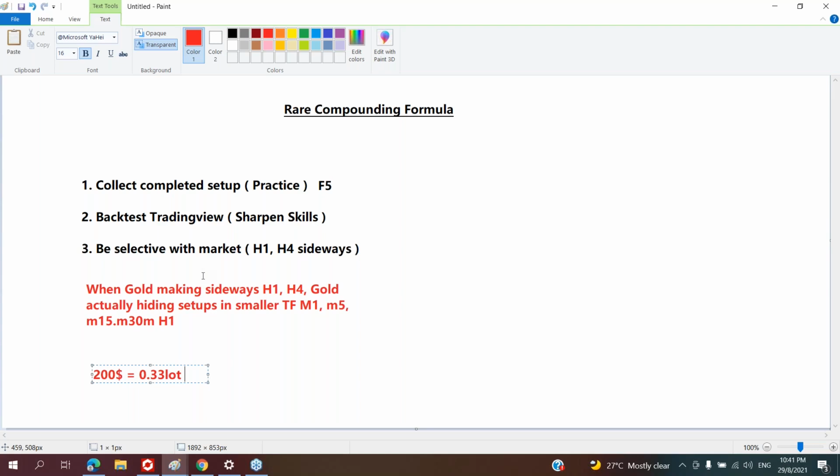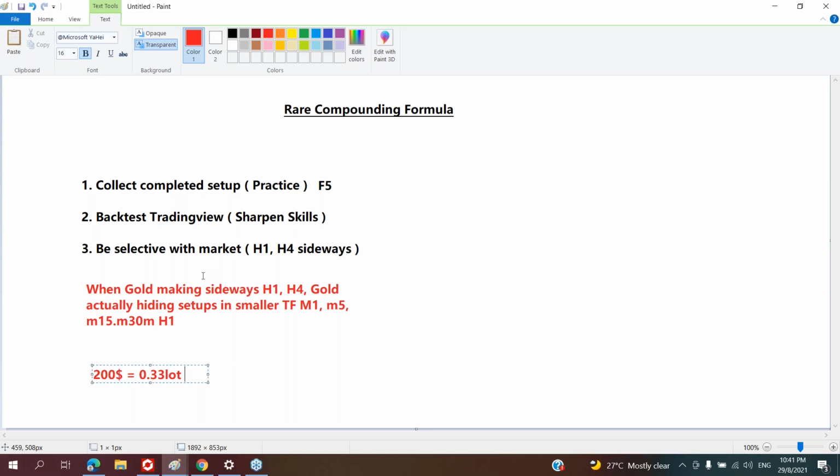Why do you need 1 year? I'm talking about rare compounding, not money management. Yes, everything is full margin, because this rare compounding formula really goes according to the plan.